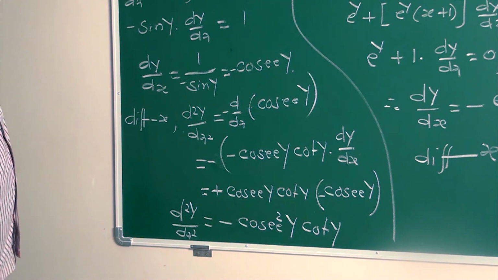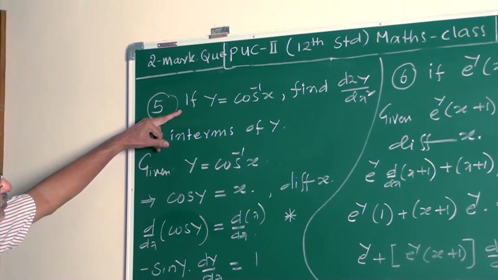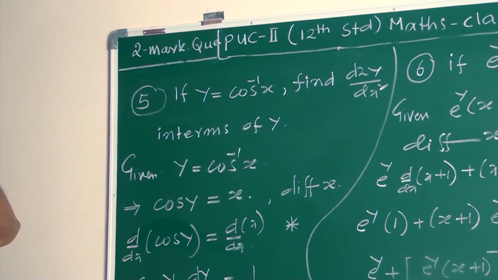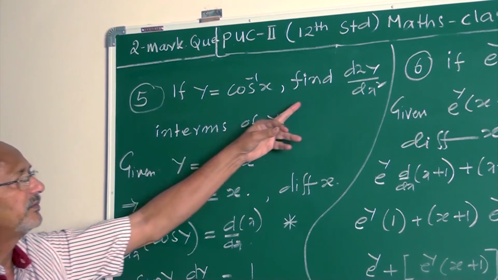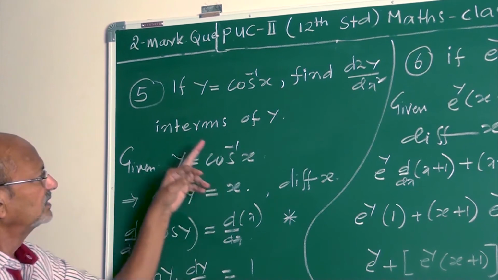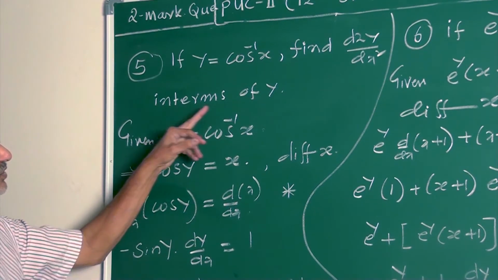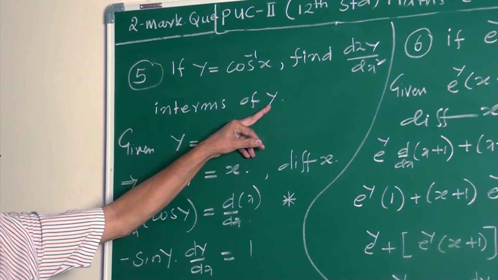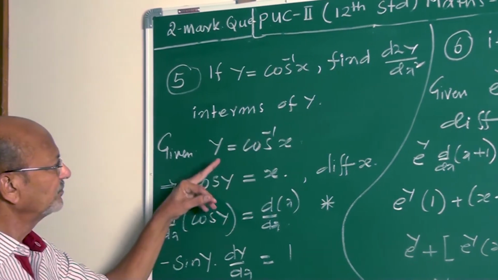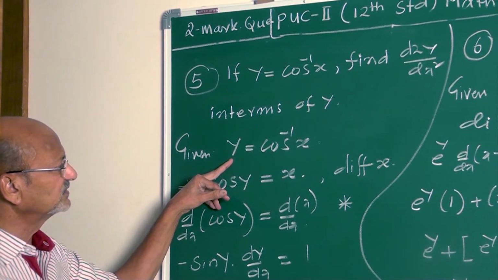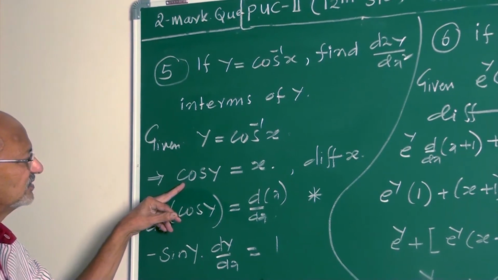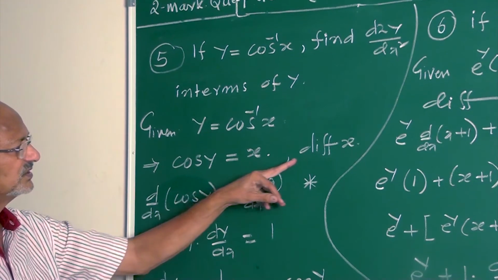I will explain once again, my friends. If y equals cos inverse x, then find the second derivative d2y by dx2 purely in terms of y, free from x. Given y equals cos inverse x, take cos inverse to this side: cos y equals x.